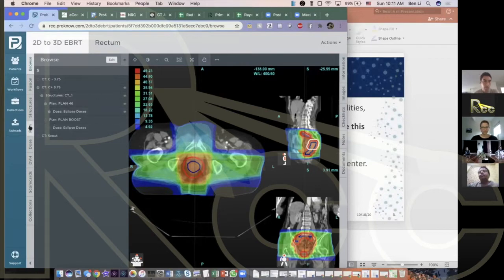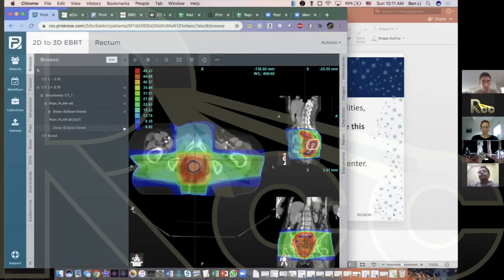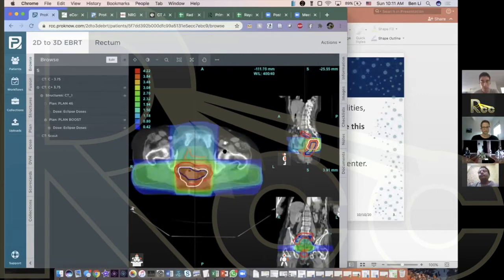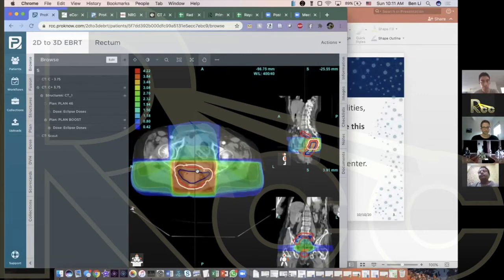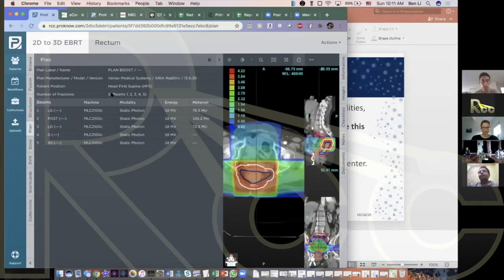If you want to know what plan this was, you can see this was 23 fractions. And then there was a boost delivered just to the highest risk disease. And then you can click on the plan and see, okay, this was a 2-fraction boost. So in total, this patient got 25 fractions.